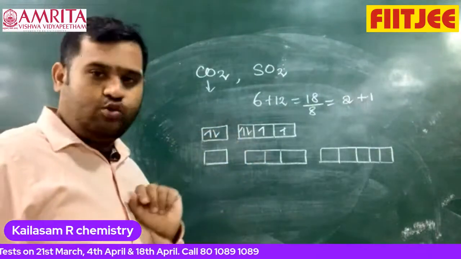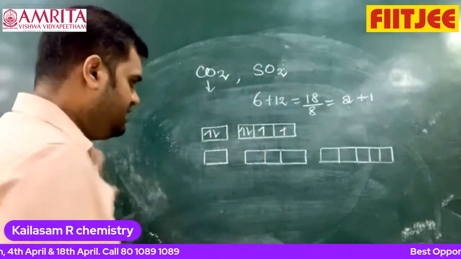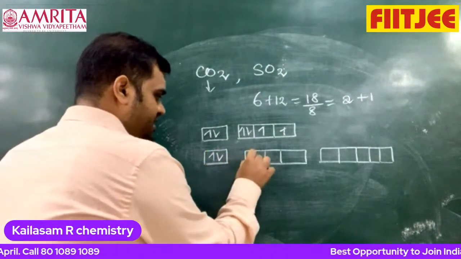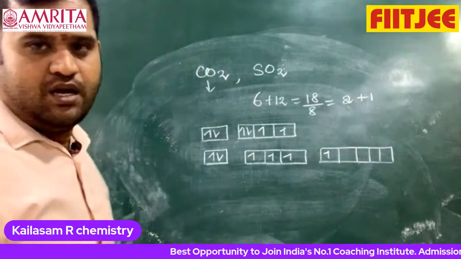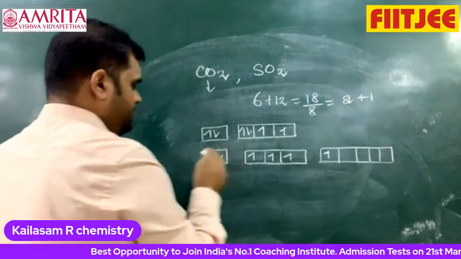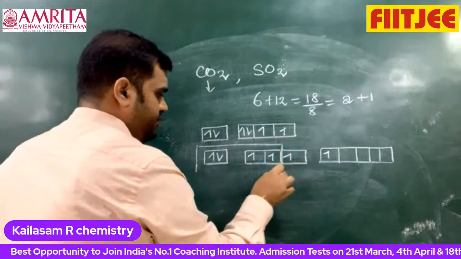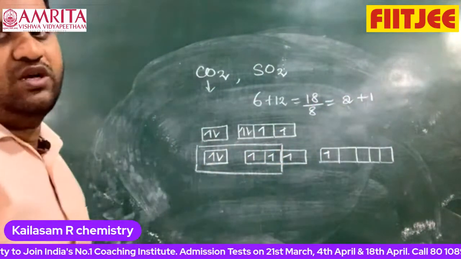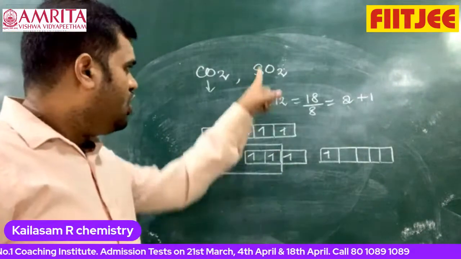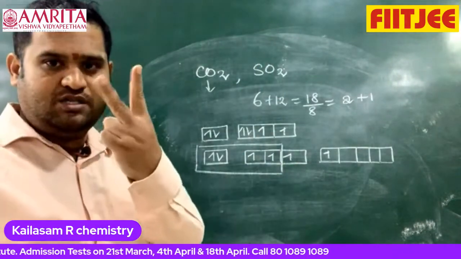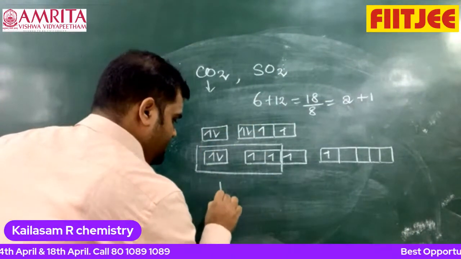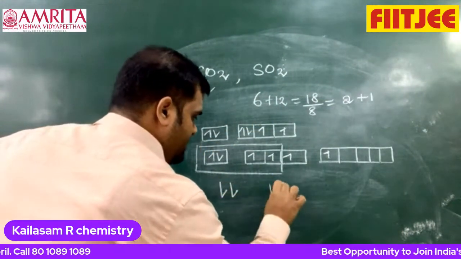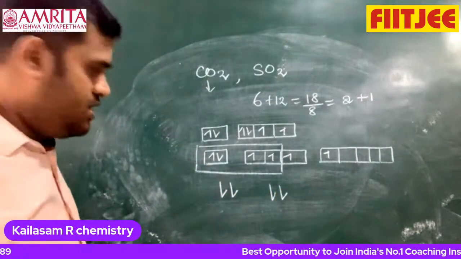Therefore, I have two lone pairs, so one I am going to excite, and one I am keeping for the hybridization. Now, 2 plus 1 is involved for hybridization. How many oxygens are there? I have 2 oxygens. We can say each oxygen is 2p4, so I can write 2 unpaired electrons for each oxygen. It comes like this.